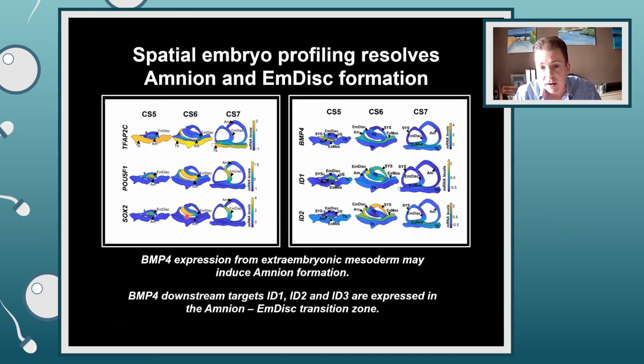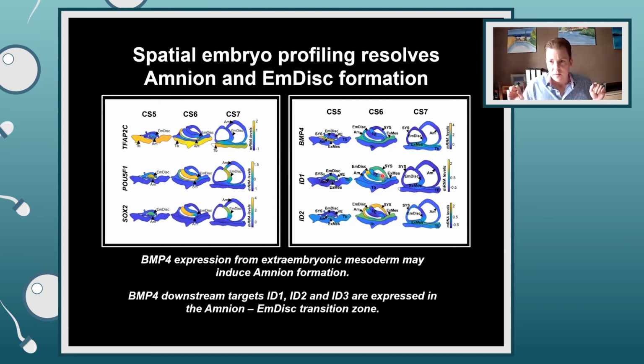If we look at BMP signaling, we see it from the bottom coming up, but also we see this ID1, ID2, and ID3 expression of the downstream target, sort of indicating active BMP signaling in this transitional zone between where the embryonic disc and the amnion come together. And there are two sites for that, anterior and posterior in the primate embryo.